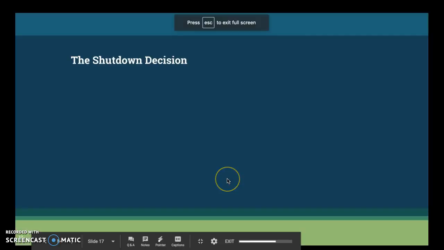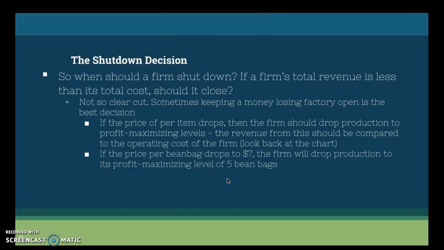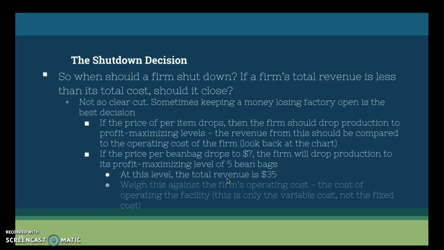Okay, so if the price of beanbag drops to $7 per beanbag, the firm would then drop its production to profit maximizing levels. So at this point, the revenue is 35. So we would weigh this against the operating cost. Fixed costs, we have to pay that whether we're making 0 beanbags or 8 million beanbags.